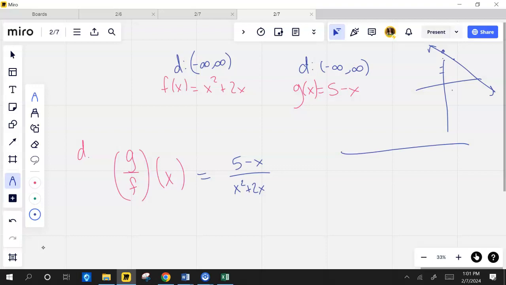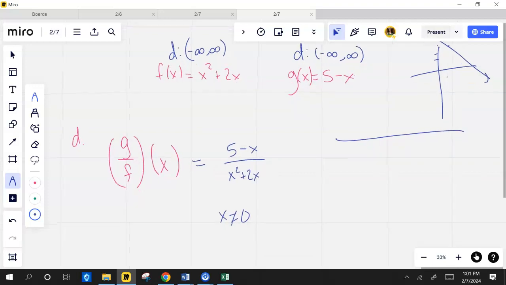What values would I have to put in for x that would cause that to be 0 in the bottom? 0. If I put 0 plus 2 times 0, I would get 0 down there, right? I can't be 0. What else can I not be? That's it. Negative 2. How did you come up with that, Davis? You just looked at it and you could tell if you plugged in negative 2, right?